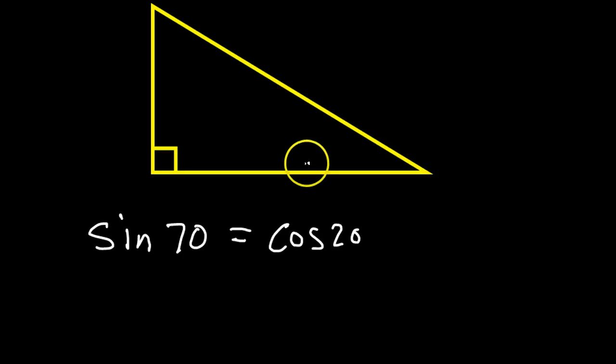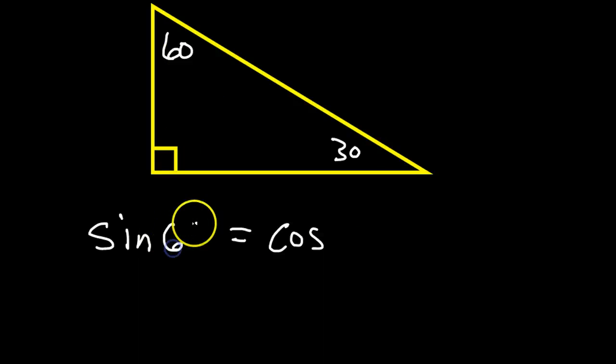What if I told you that would work for any complementary angles? So say if this was 60 degrees, this would of course be 30 degrees. They've got to add up to 90. Then I'd be telling you that the sine of 60 degrees will equal the cosine of 30 degrees every single time.